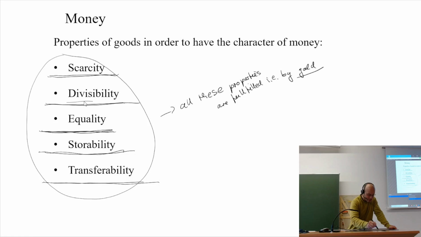Divisibility also okay. Storability, I take it in brackets, because if you look at the insolvency or the breakdown of, what was it, Sam Bankman-Fried, the crypto exchange FTX, yes, there billions of digital currency were just gone.